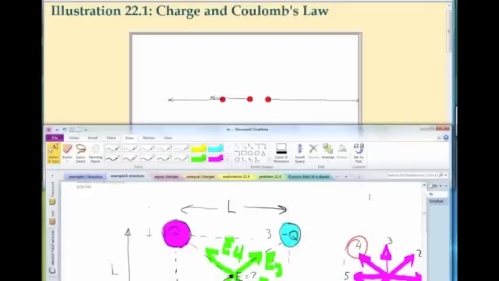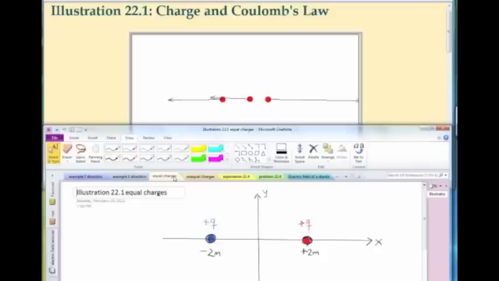Let me just draw that. So if you're here, we just said that both forces are pointing away from it, pushing to the right. So that's one force, and then there's the other force. Now we're at a point somewhere here. The force due to the charge on the right is going to be pushing it this way. And the force due to the particle on the left, the one that I drew in blue, is also to the right.